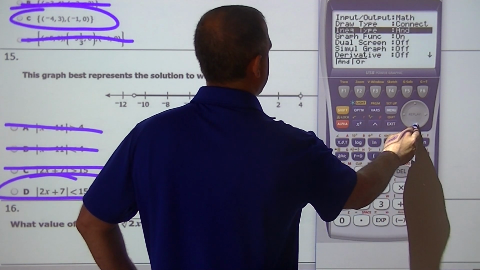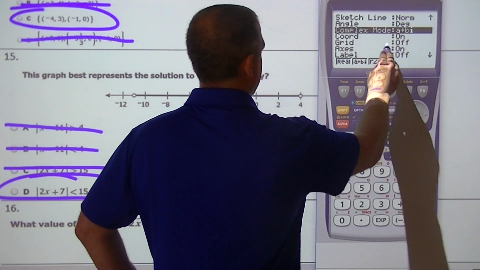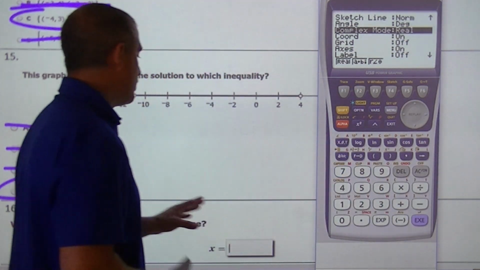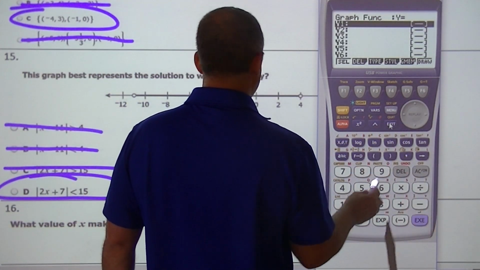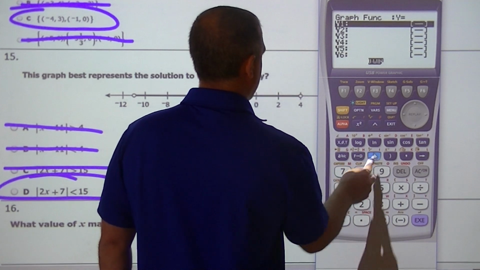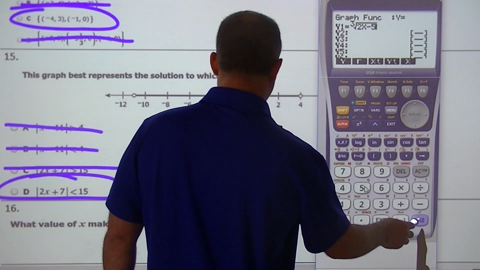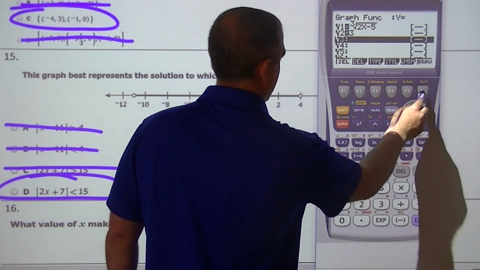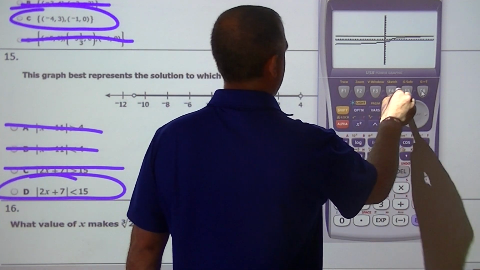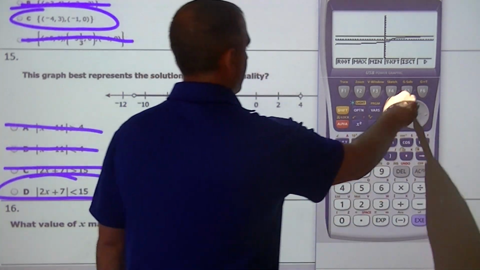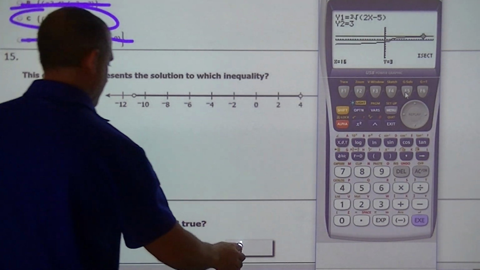Shift menu, sometimes I've got to go back and change it to real mode. And that's just for cube roots. You might want to do that. So shift there you got 2x minus 5, and then you got 3. G-solve intersect, let's see if that was zoomed far enough. And it is. The answer is 16.